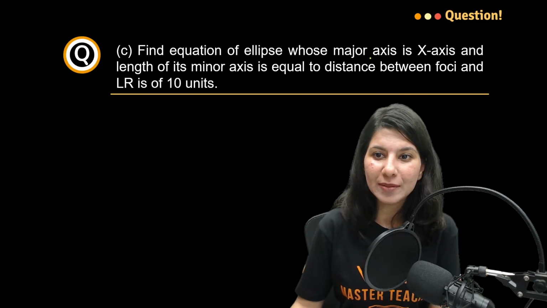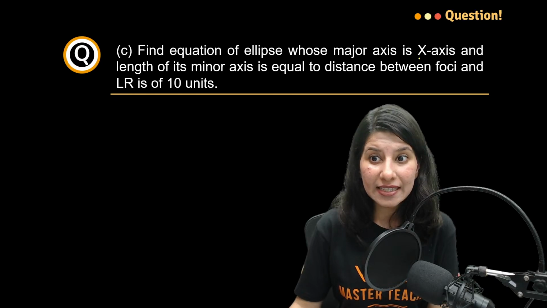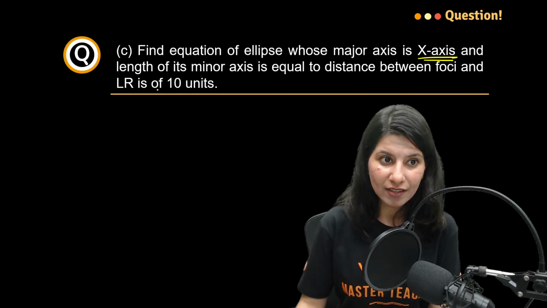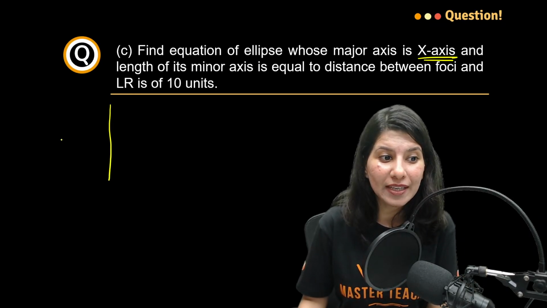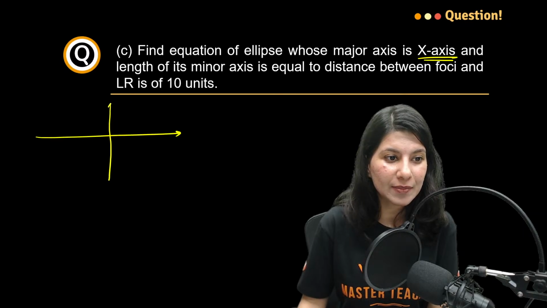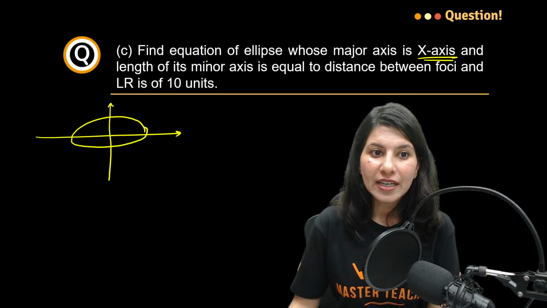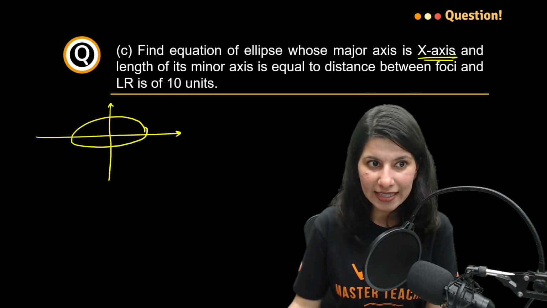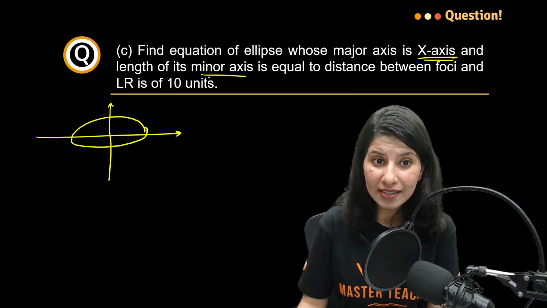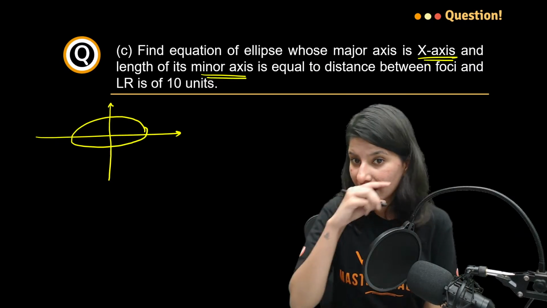Now one more. Find the equation of the ellipse whose major axis is the x-axis. So this is a horizontal ellipse. The length of the minor axis is equal to the distance between foci.